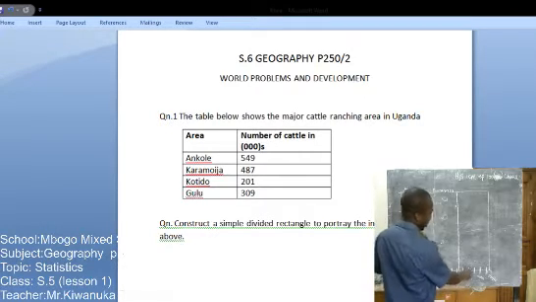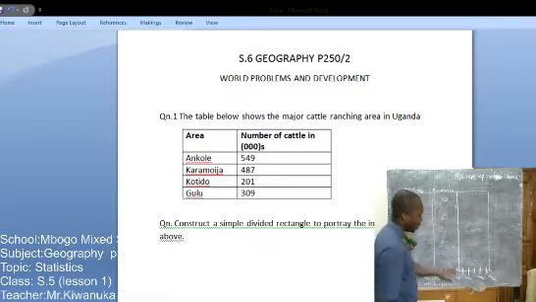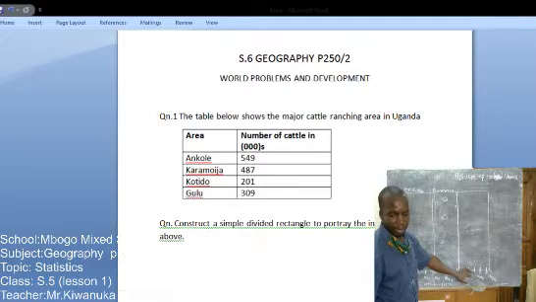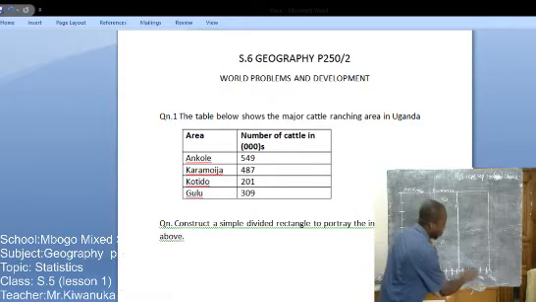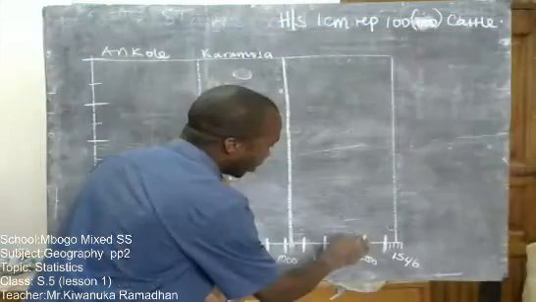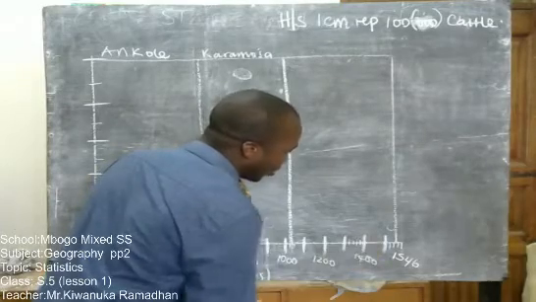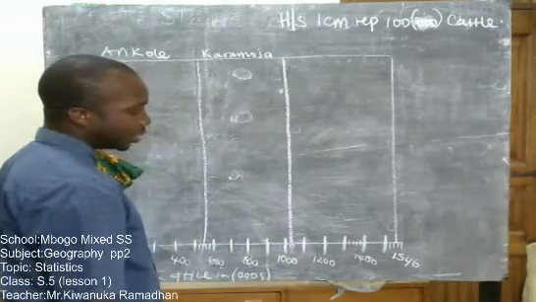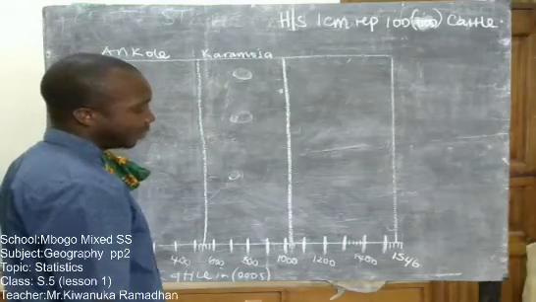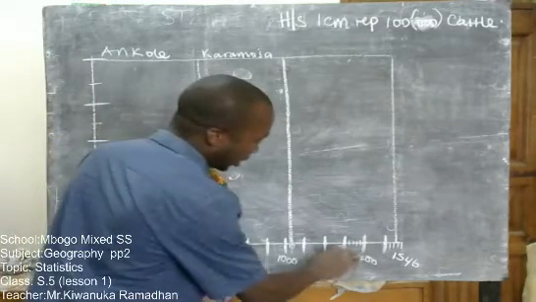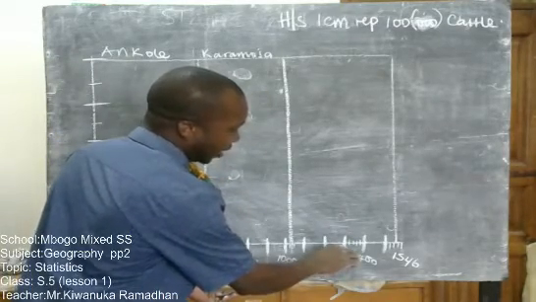If this is 1200, this is 1300, for us we want to represent 1345. Each small box we agreed measures up to 20. So this is 1300.